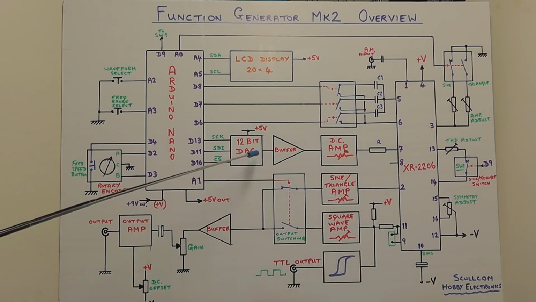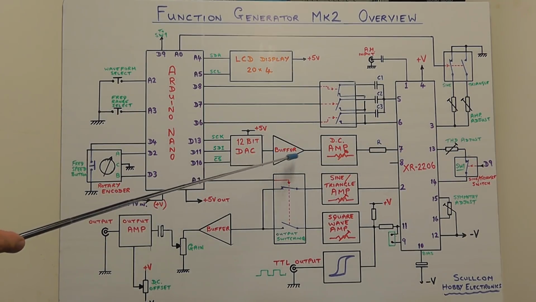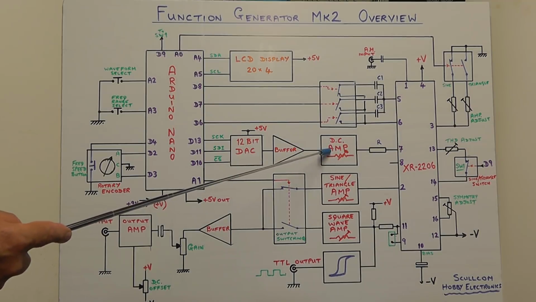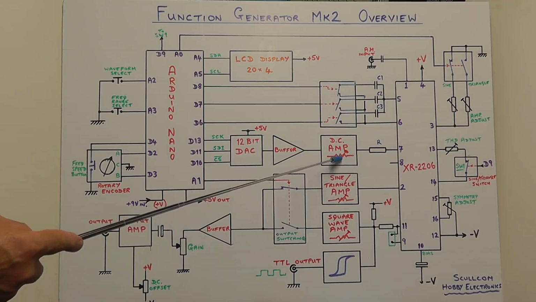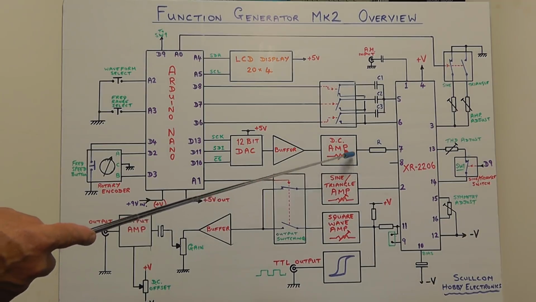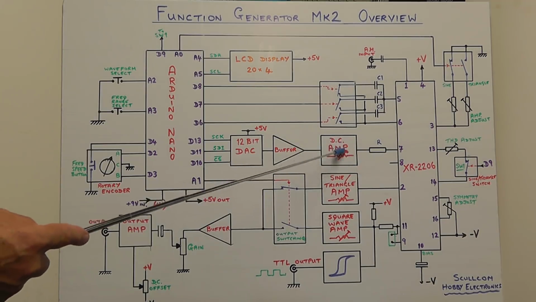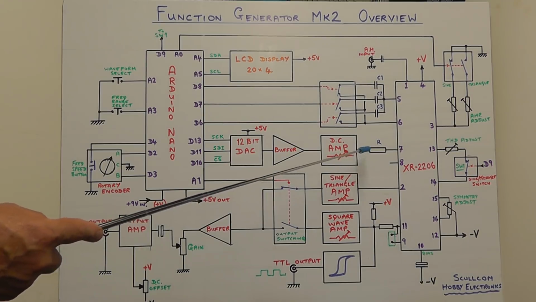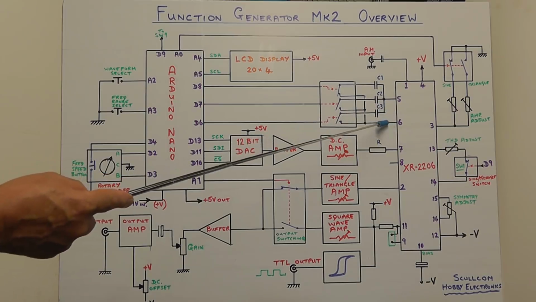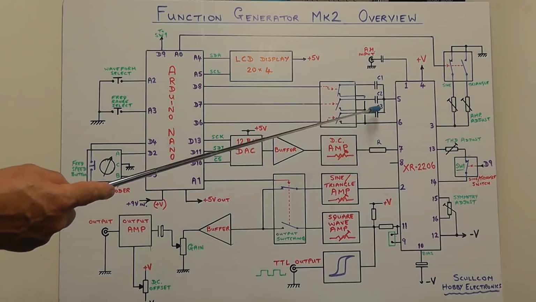That means that the output from the DAC goes through a buffer, an inverting amplifier, to give us a negative voltage there. We have some means of adjusting the amplification of that negative voltage there to set it to the correct level. Pins 5 and 6 is where we put the timing capacitor.